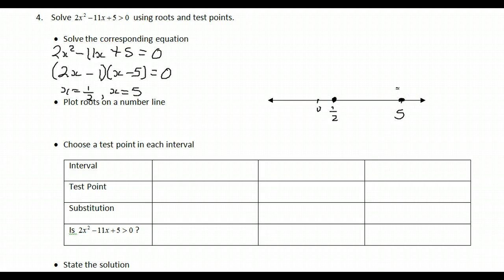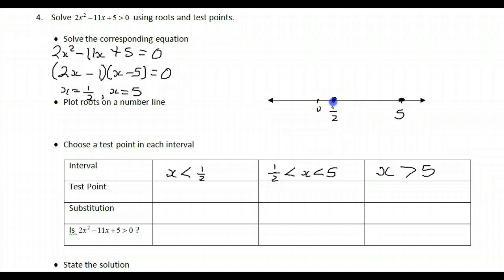And what we need to do is we have a number of intervals. So this number line is split into an interval where x is less than 1/2, where x is between 1/2, so 1/2 is less than x is less than 5, and where x is greater than 5, right?